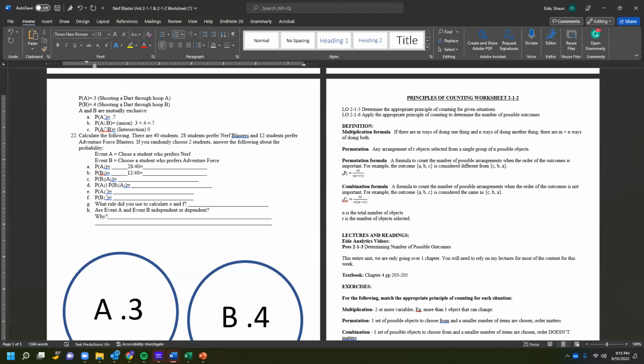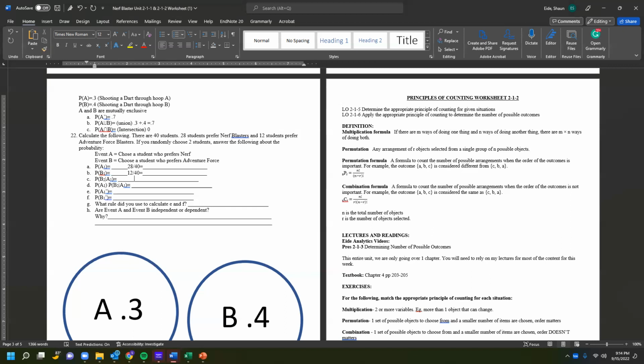Now, this one right here, very specifically, it says, what's the probability of the second person, and this is what's called conditional probability. What's the probability of the second person preferring an Adventure Force blaster, assuming the first person chose a Nerf blaster?